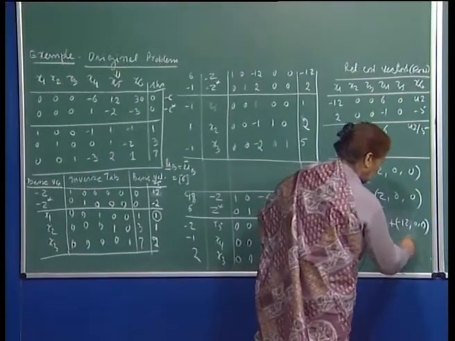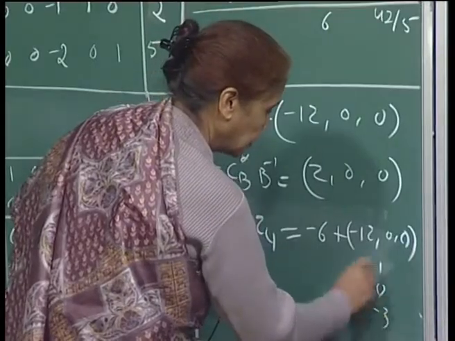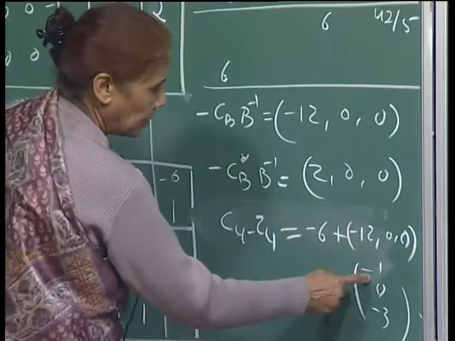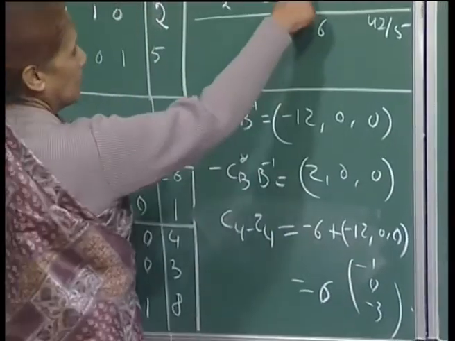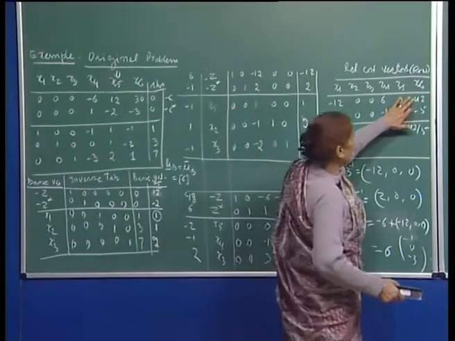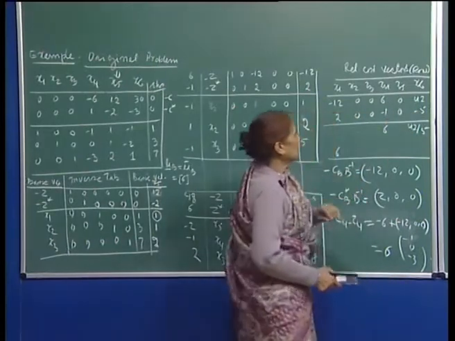So, that becomes plus 12. So, plus 12 minus 6, that becomes 6, right. And similarly, you can compute minus 1, and then you can compute 42 and minus 5, yes.